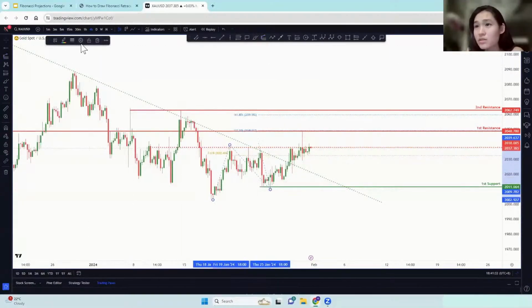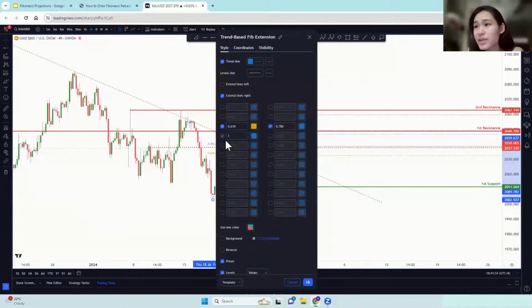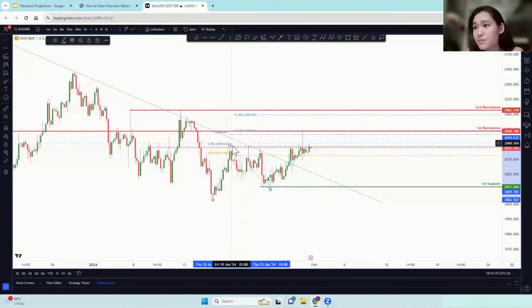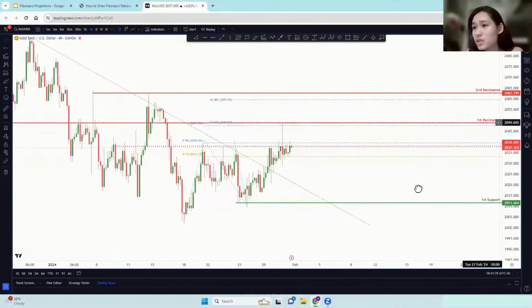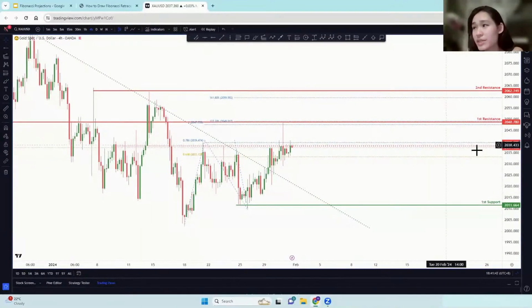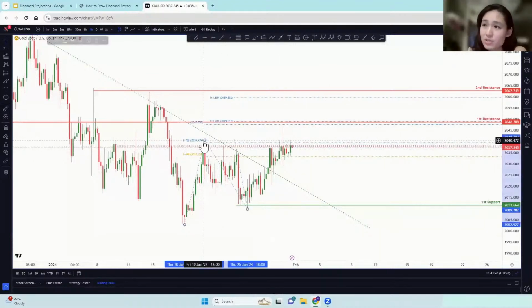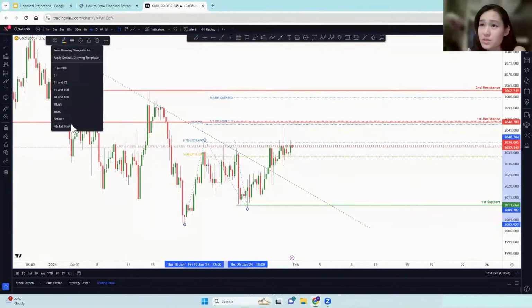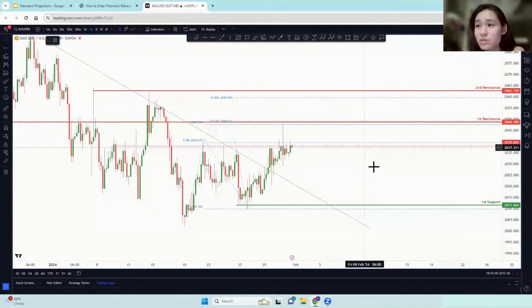We use 61.8, 78.6, and 100%. This 78.6 lines up nicely with my intermediate resistance, and 100% also lines up with my first resistance. So I'm just going to keep those two.